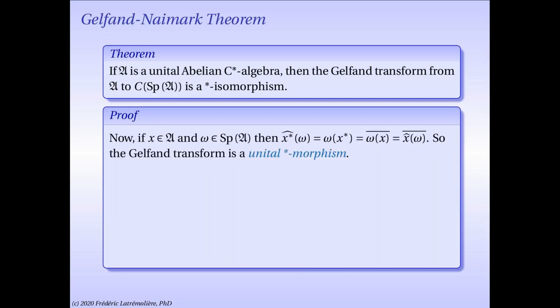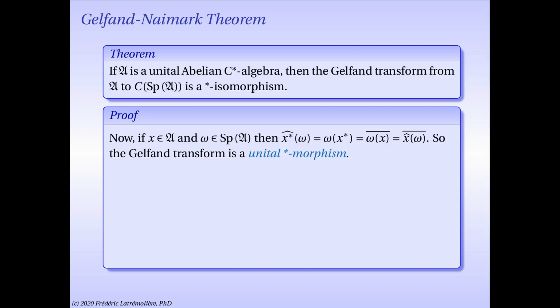Alright, so now let's look a little bit at the star structure as well, the adjoint. We worked quite hard to prove that every character is actually a star morphism. This is where it comes into play. If you pick an element x in your C-star algebra and you want to evaluate the Gelfand transform of the adjoint of x at some character omega, by definition this is omega of the adjoint of x, and that we proved is the conjugate of omega of x.